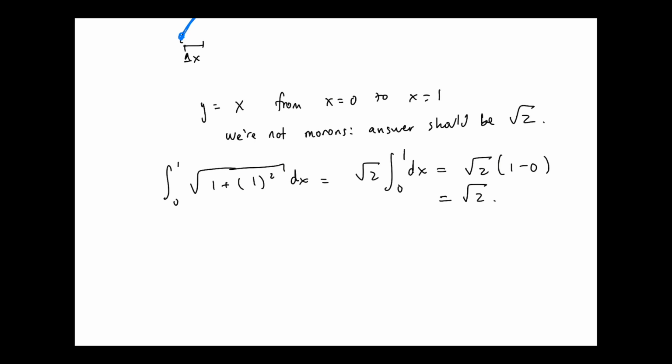So if we were morons and decided to use this to find the length of a known object, a straight line, we ought to get the same answer as if we just did Pythagoras' theorem, I would hope. And sure enough, we do. Okay, is that good? Yeah? All right, well, let's take another one.